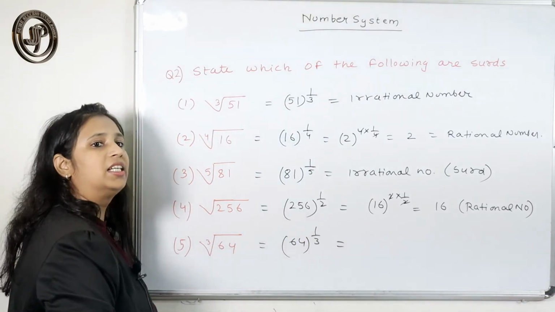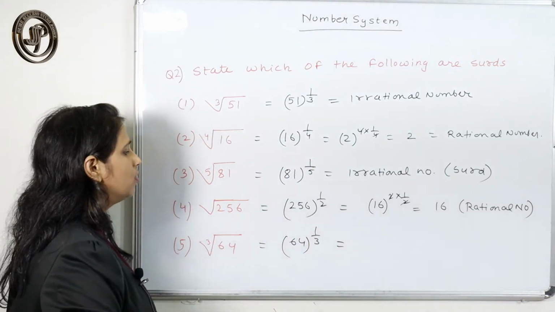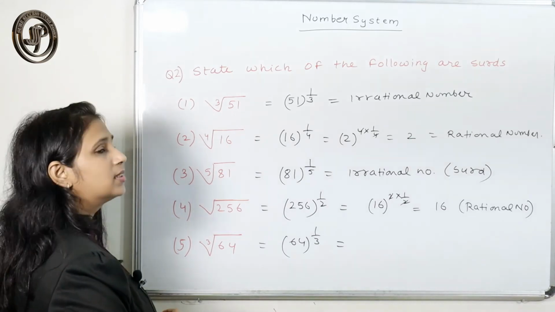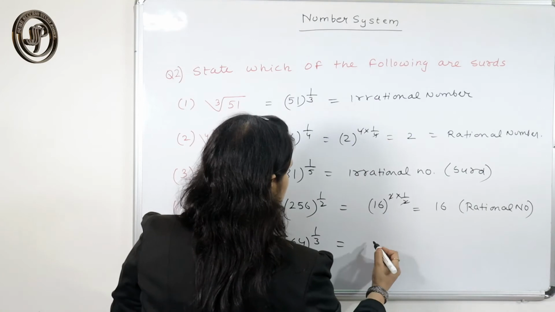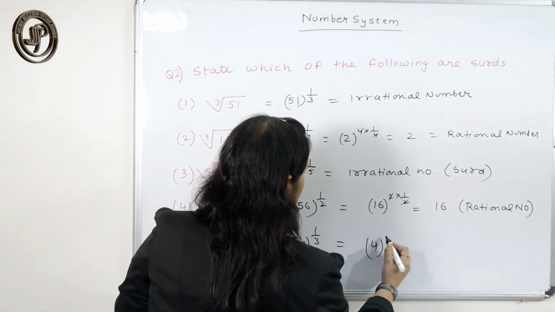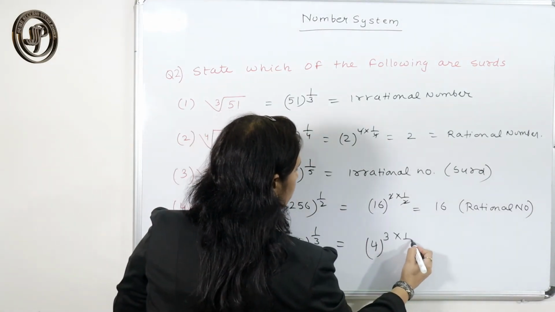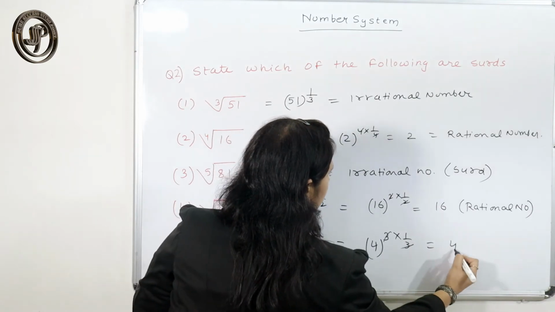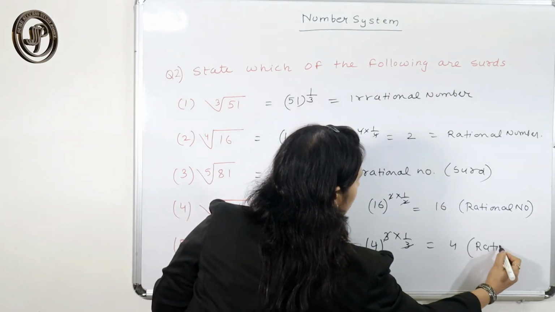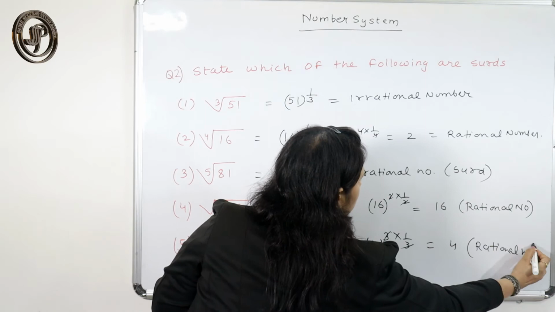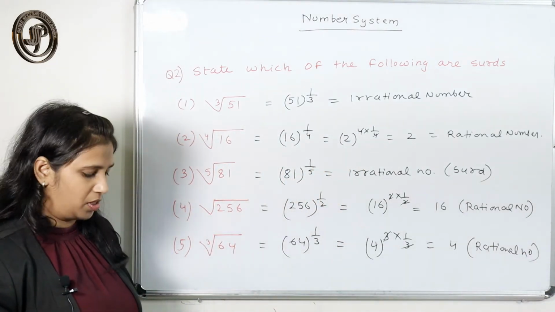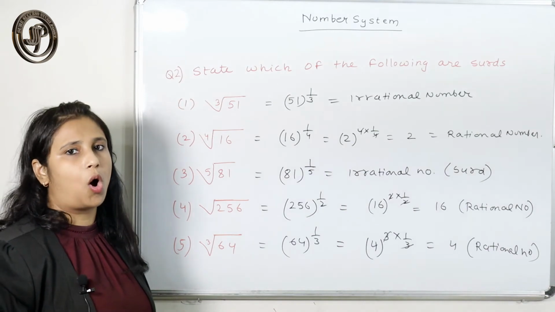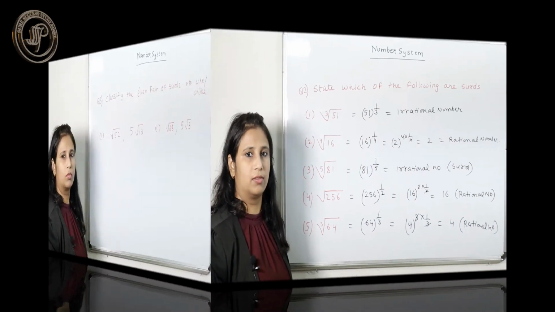What can you write? 64 can be written as 2 raised to power 6, or 4 raised to power 3, into 1 by 3. So that is 4, which is a rational number. In this way you can predict whether the number is rational or irrational.